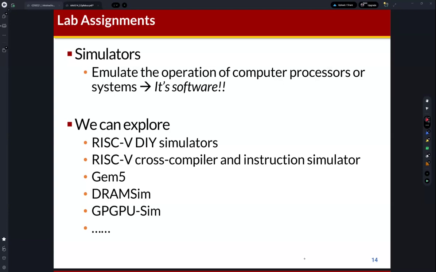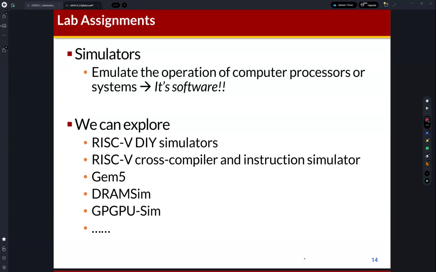You need to make your own simulators, like a RISC-V instruction simulator. And then a RISC-V code compiler and instruction simulator. So we practice the compilation by RISC-V ISA, and then we practice the RISC-V instruction simulation. Okay?